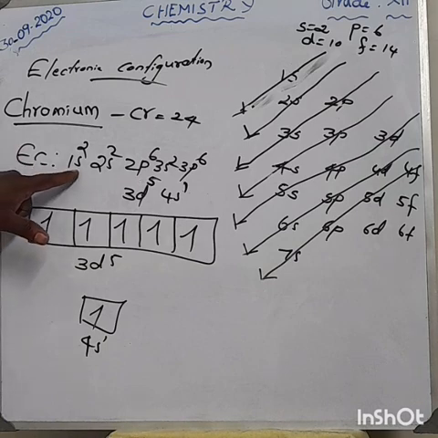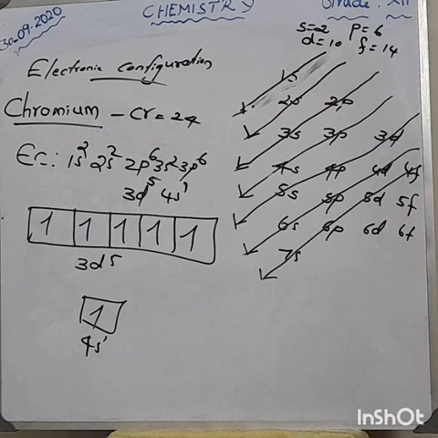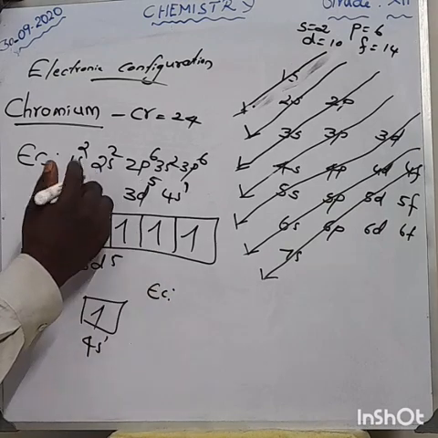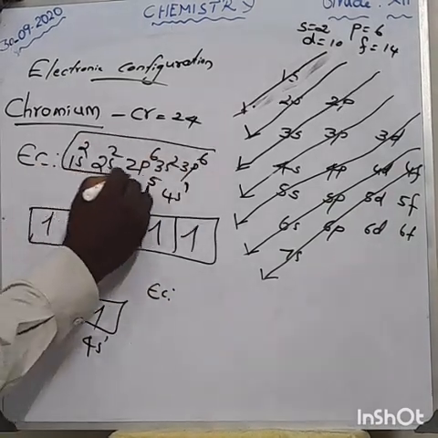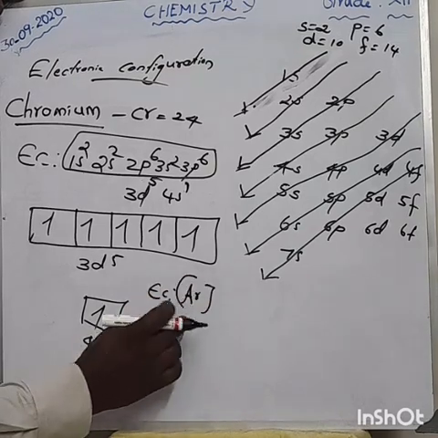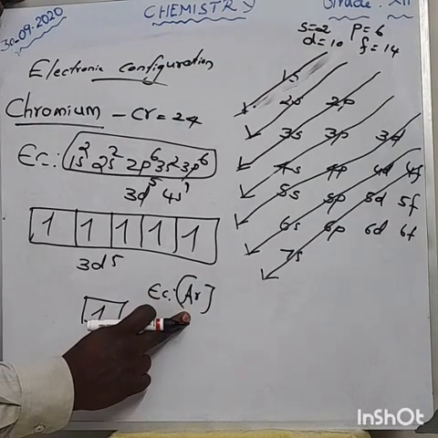Here, this can be cut short. That is a short form of writing. We can write EC is equal to argon, instead of this, because the atomic number of argon is 18.